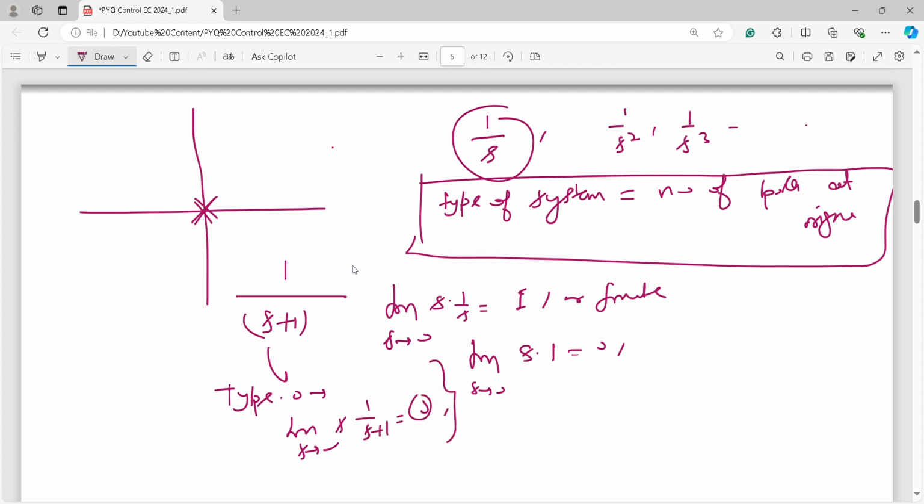and for a type 2 system, this also gives the zero value.